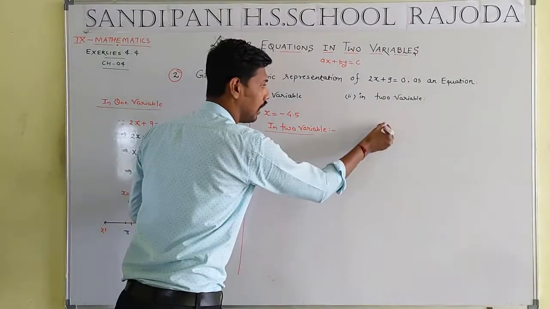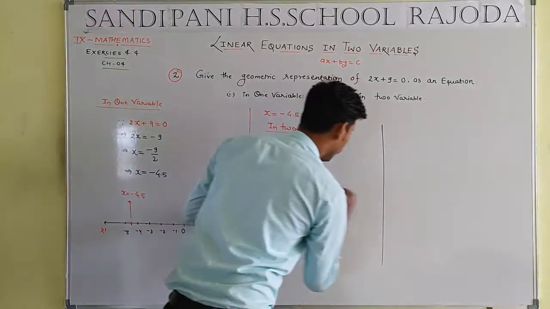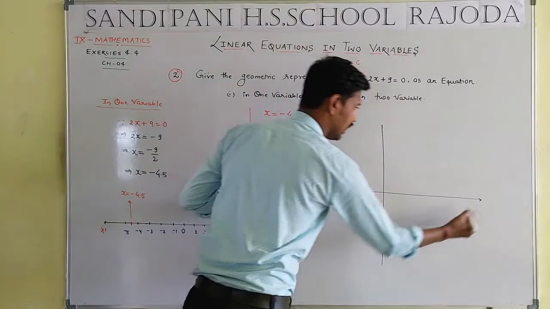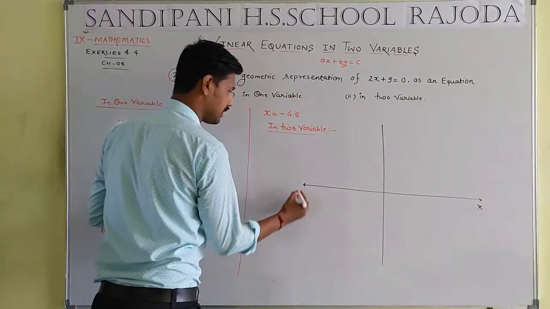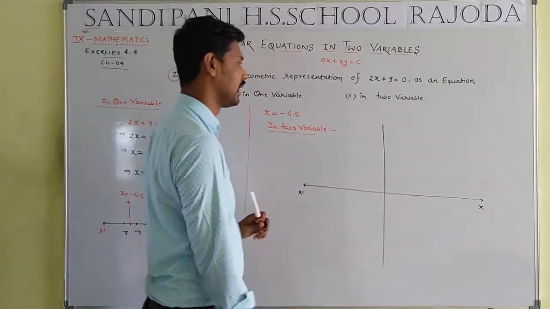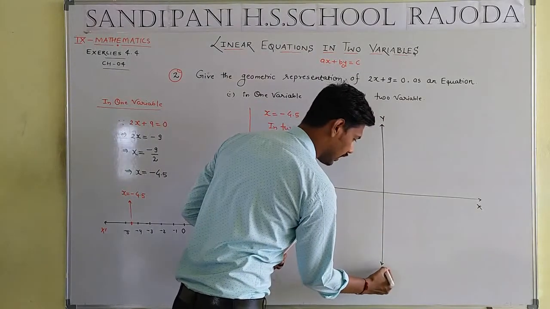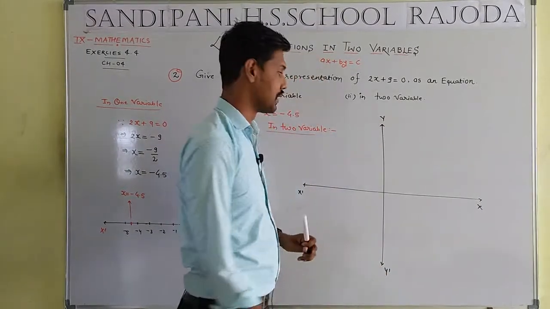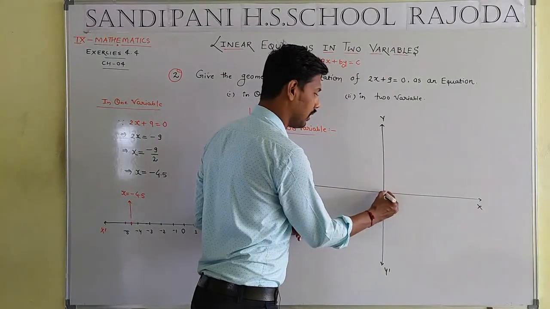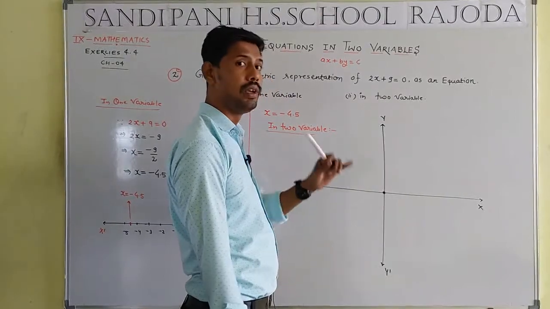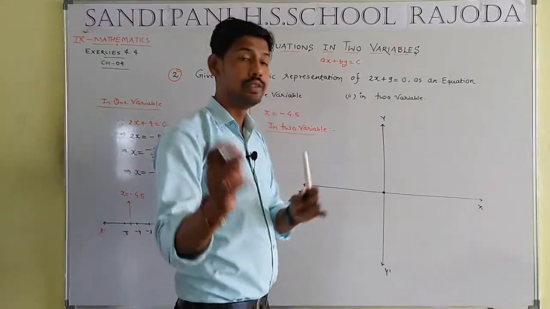We take two perpendicular lines. The first one is known as the horizontal line, that means the positive x-axis and negative x-axis, and this is known as the positive y-axis and negative y-axis. The intersecting point is known as the origin, equal to 0 0.